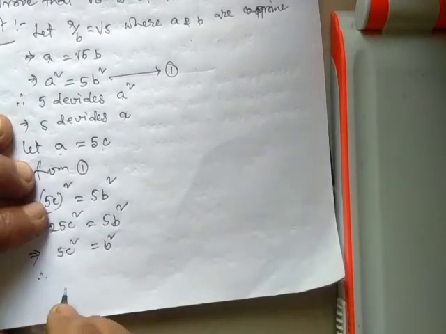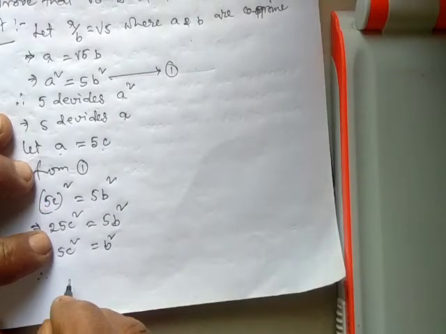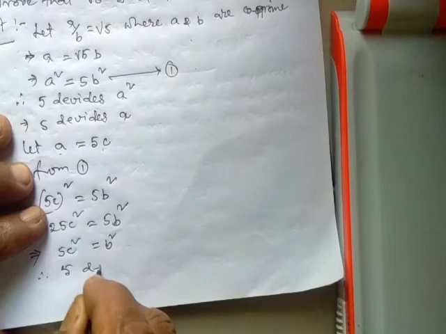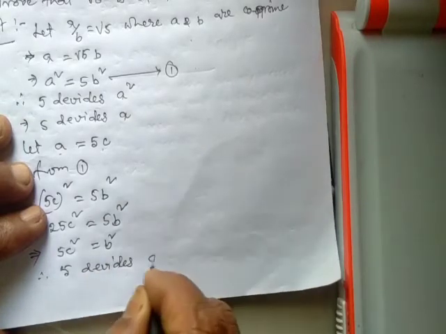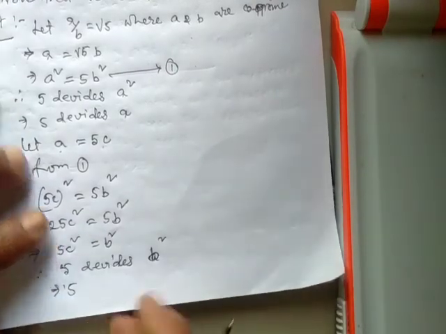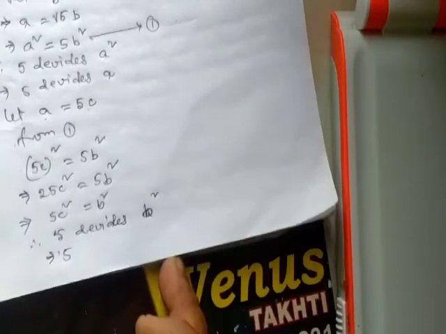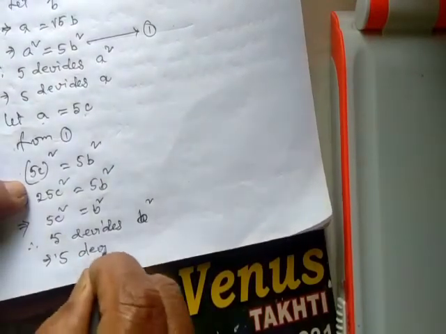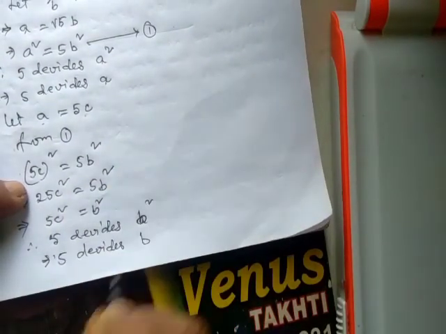Therefore 5 divides b square. This implies 5 divides b.